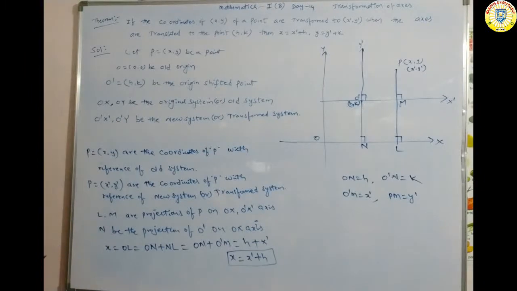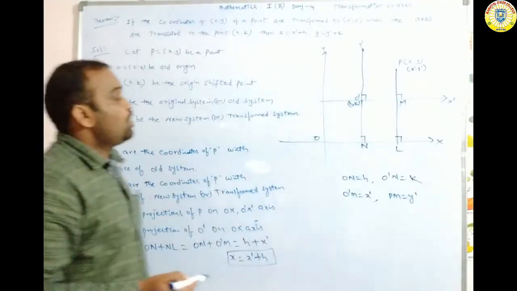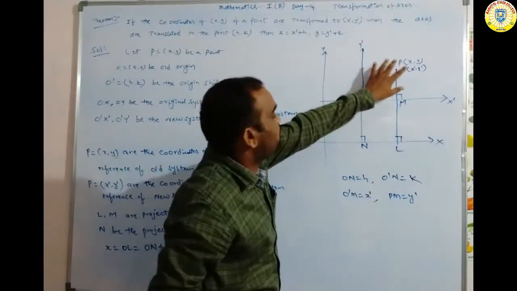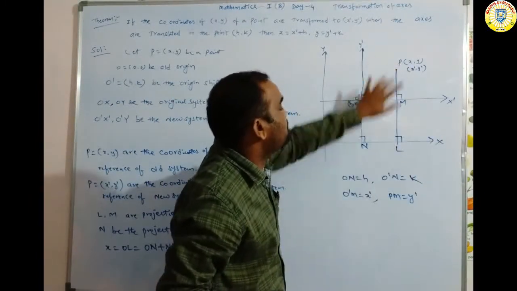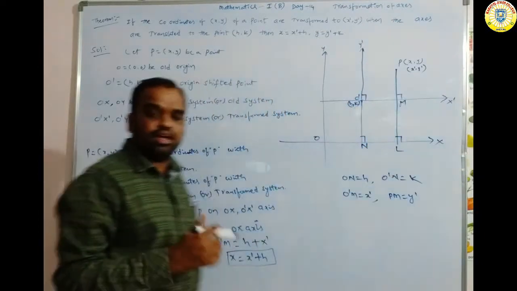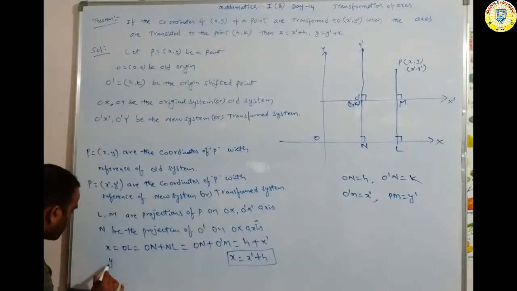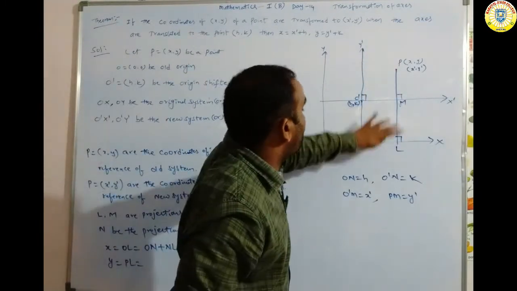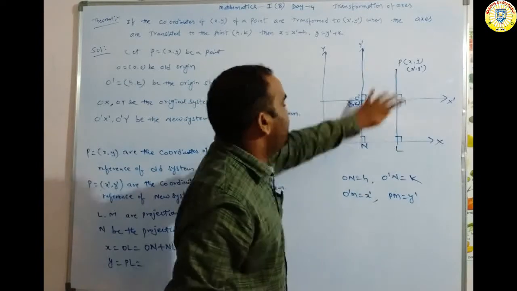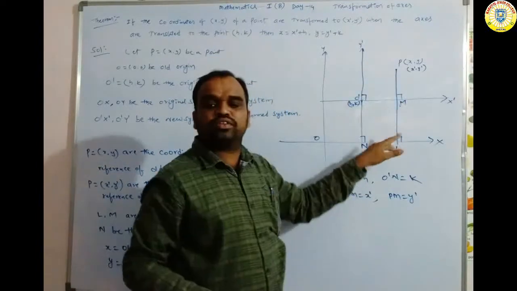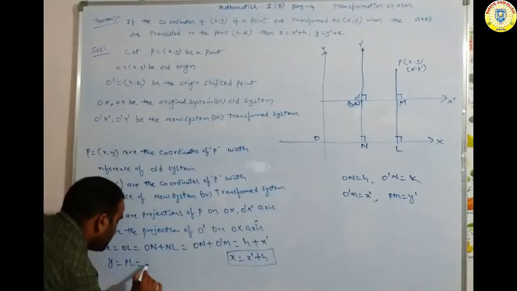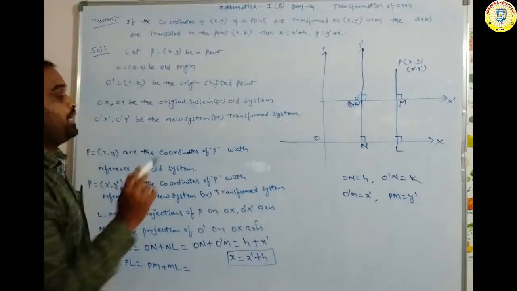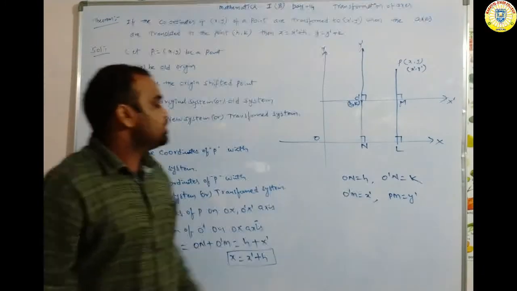Next, in the same way, we find the y coordinate. Y is the perpendicular distance from the point P to the X axis, which is PL. PL is equal to PM plus ML.